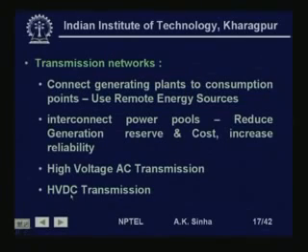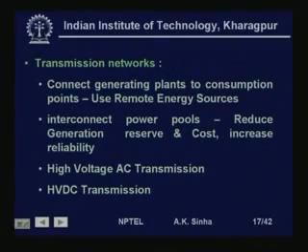One of the major advantages is that you have complete control on the power flow on the HVDC transmission system, whereas in an AC transmission system the power control is not so simple. Of course, nowadays we have other kinds of devices using power electronic devices which we call FACTS devices, flexible AC transmission system devices, which are used to control power on AC transmission systems as well.